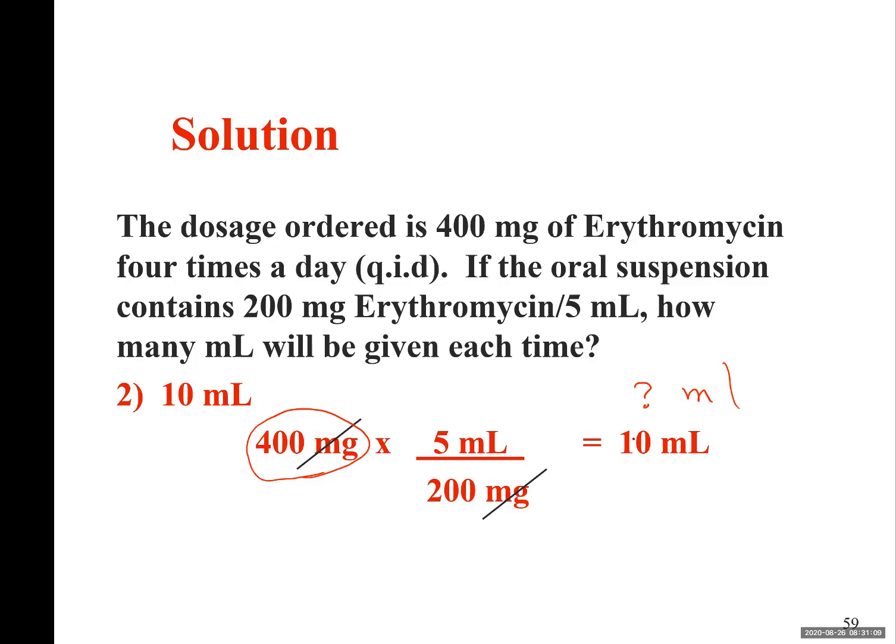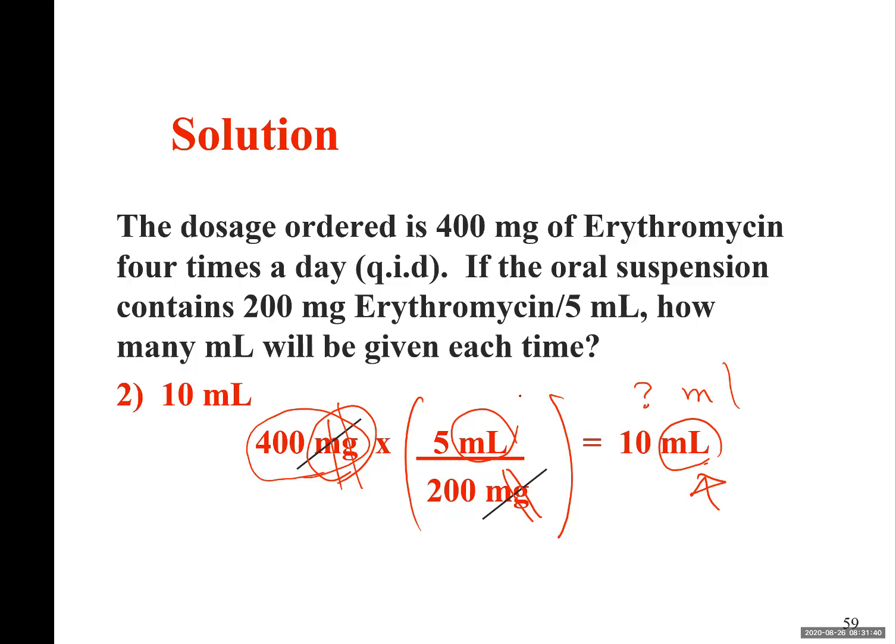So I see the initial unit and final unit: I'm starting with milligram and I'm ending with milliliter. That means I simply have to write milligram on the bottom of the conversion factor to cancel, because there is no milligram in the answer. And because the unit of the answer is milliliter, I write that on the top.